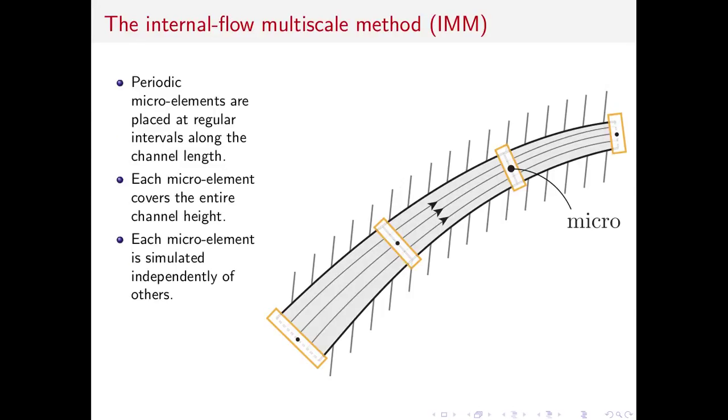And the hybrid method we use we call the internal flow multiscale method, or IMM for short. And what this method does is it exploits that scale separation between the gradually varying macroscopic processes which occur along orders of magnitude similar to the channel length in the streamwise direction, and the rapidly varying molecular processes which occur on orders of magnitude similar to the channel height in the transverse direction.